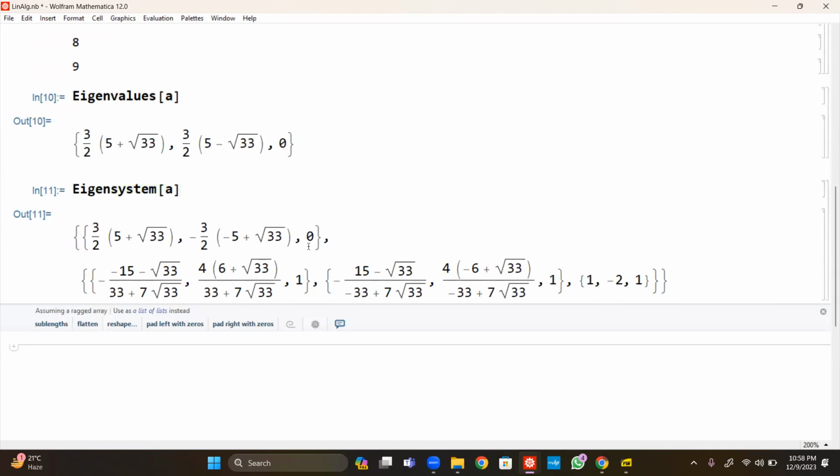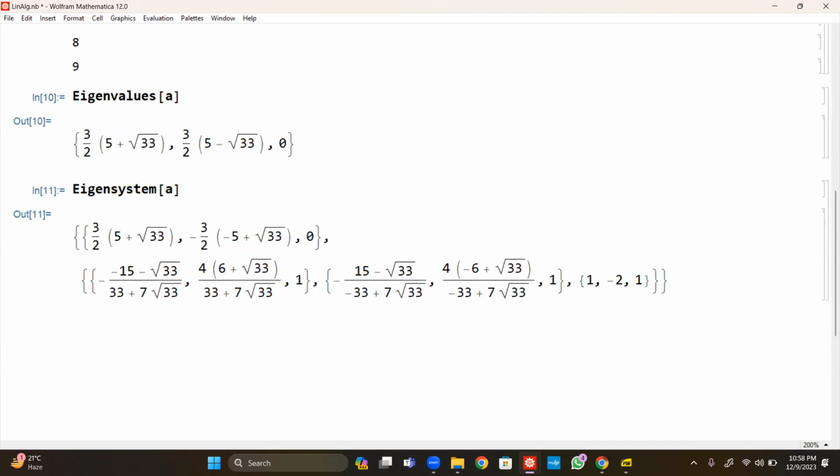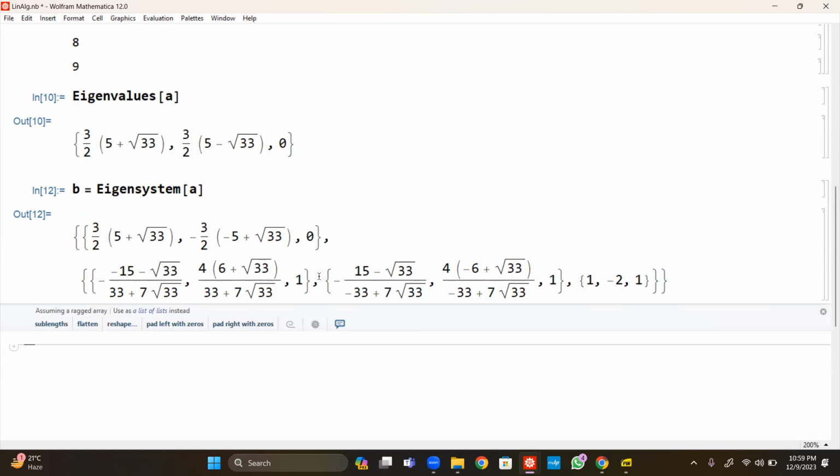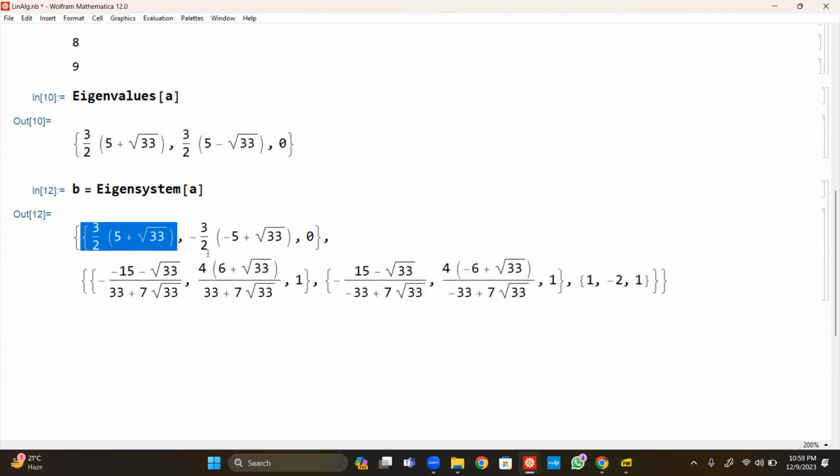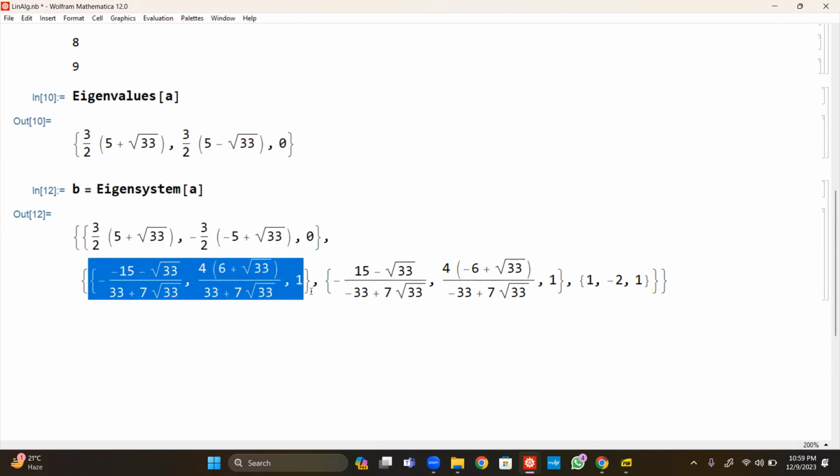I have already taught you how to access the individual elements from this set of sets. For example, if you write B equals to this, you should be able to see that we have a set of sets. The first set inside is the set of eigenvalues, and the second set contains the eigenvectors.